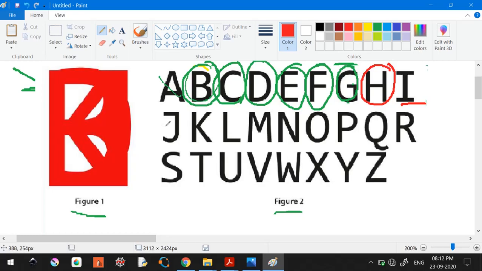And same with J. If I take J, I need this bend, a straight line bend. Let's say I have a straight line going down. I need a bend, okay, I get a bend.